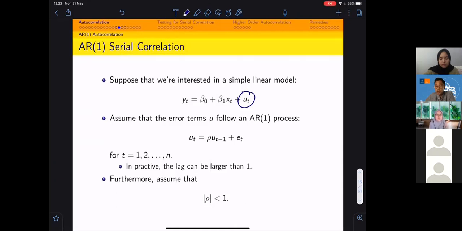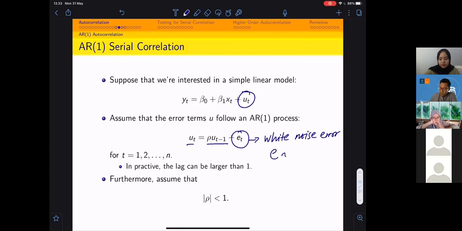So the autocorrelation of degree 1 process is the following. u_t is a function of rho u_{t-1} plus some white noise error. This is called the white noise error, and it has very attractive properties.